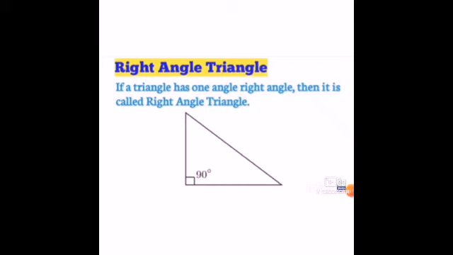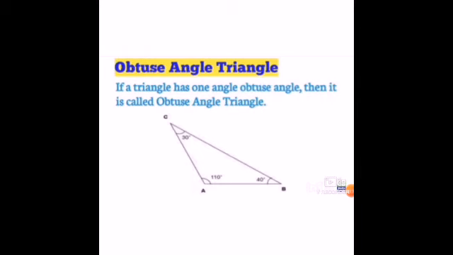So, if one angle in the triangle is 90 degrees, it is considered a right angle triangle, or it can also be called a right angled triangle. Now, the last one is obtuse angle triangle. If a triangle has one obtuse angle, then it is called an obtuse angle triangle. Here you can see one angle is 110, which is more than 90.